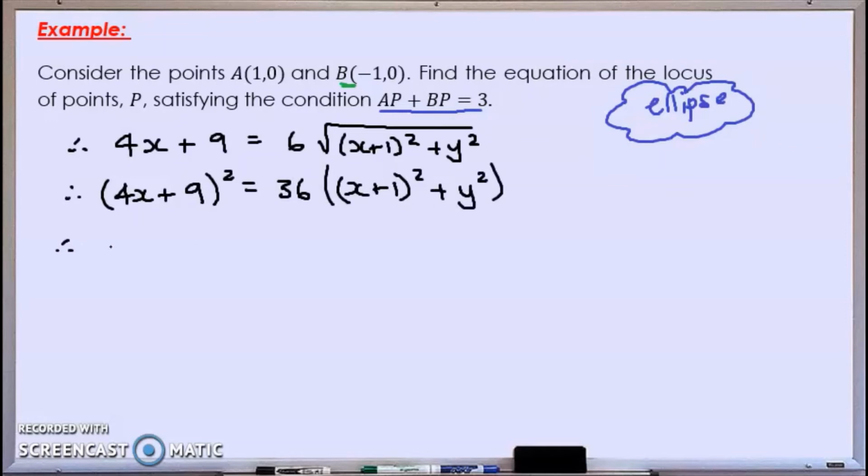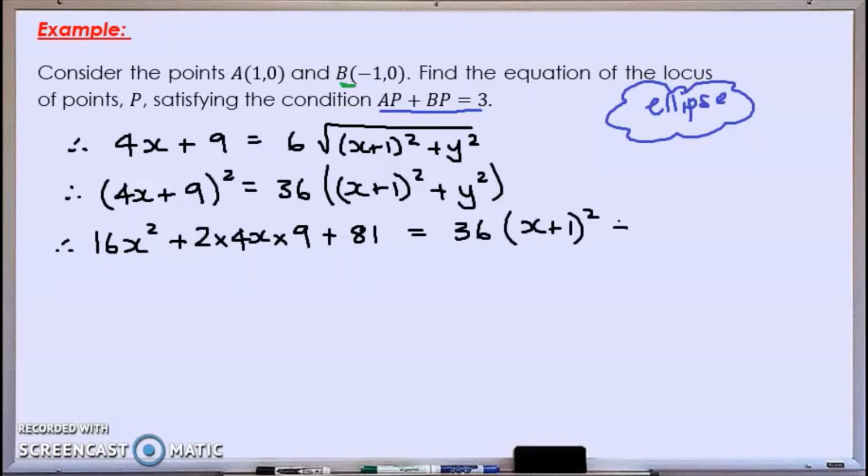So now let's expand our left. I get 16x squared plus, remember, 2 times my first term times my second term plus my second term squared will be 36x plus 1 squared plus 36y squared.